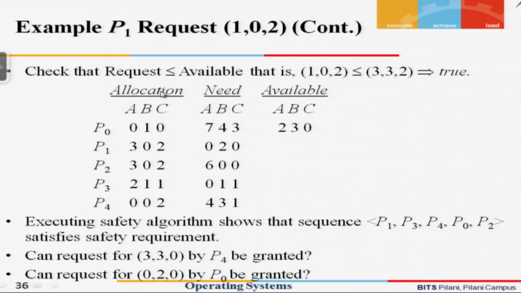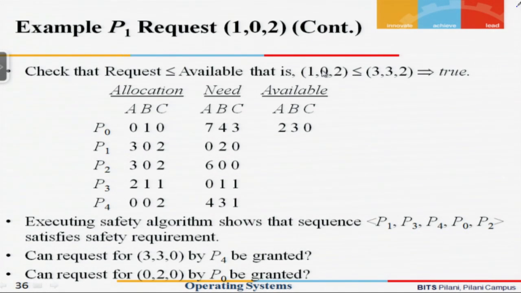So I am leaving two things to you here. Let us assume that process P1 makes a request for 1, 0, 2, meaning that it requests 1 instance of resource type A and 2 instances of resource type C. We should see what happens here.